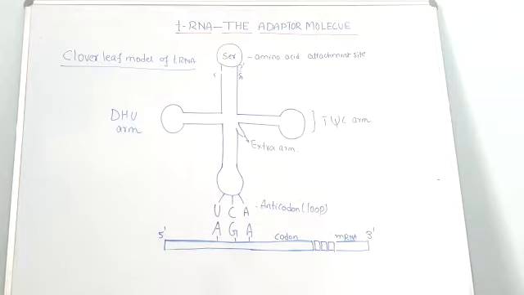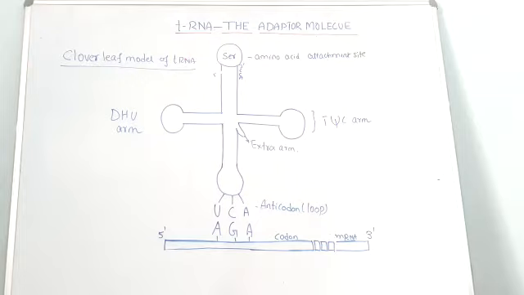This tRNA is also called by one more name, soluble RNA, or sRNA. Next, with reference to its composition in the cell, if you consider tRNA, rRNA, and mRNA, what is its proportion in the cell?